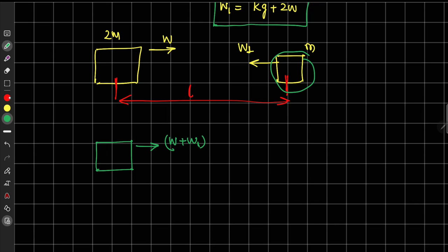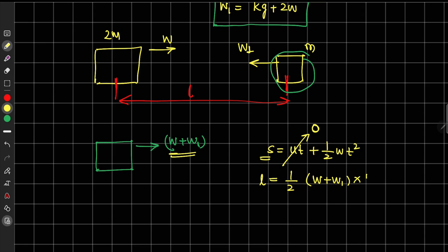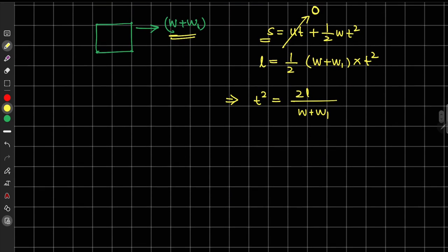From the equation of motion, we can write S is equal to ut plus half into acceleration into t squared. Here the initial velocity is 0 because it starts at time t equal to 0, and the distance is L, which equals half into the net acceleration w plus w1 into t squared. So from here we get t squared is equal to 2L divided by (w plus w1), so t is equal to the square root of 2L divided by (w plus w1).